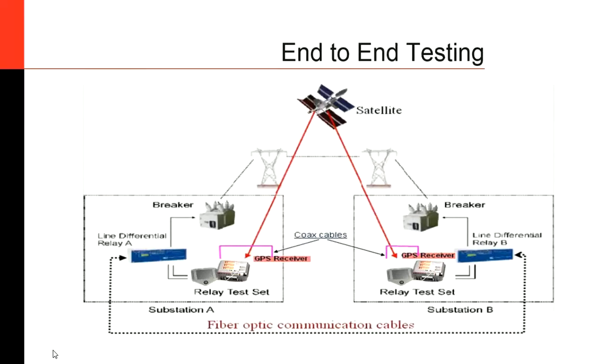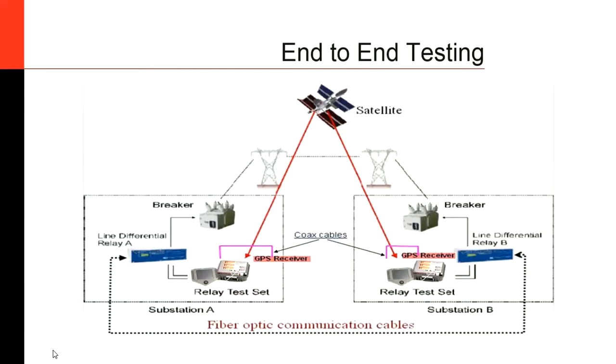Now, the diagram that you see here is what you will end up with in 90% of the cases when you're doing end-to-end testing. In a previous presentation by Megger, by Stan Thompson a few months ago, he talked about the signals that are used to guarantee the synchronicity of the test sets during end-to-end testing.